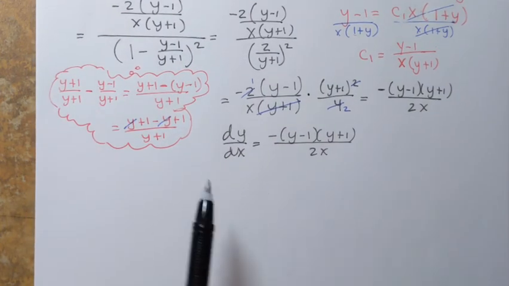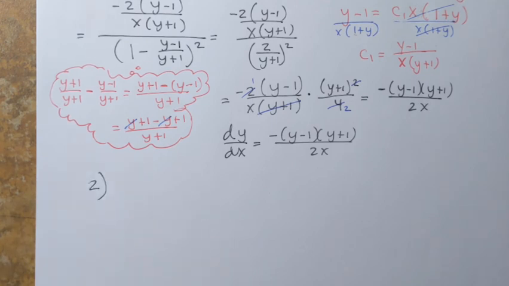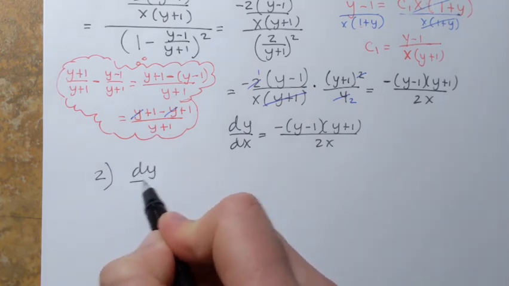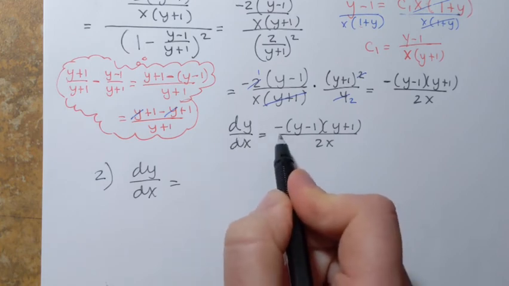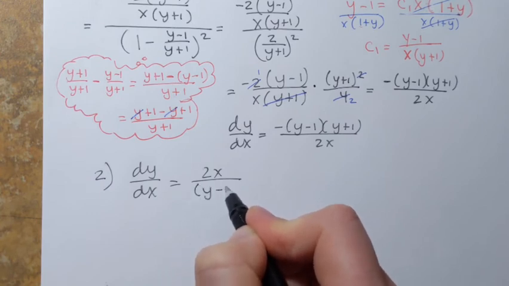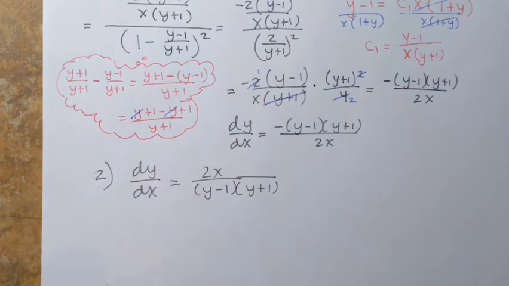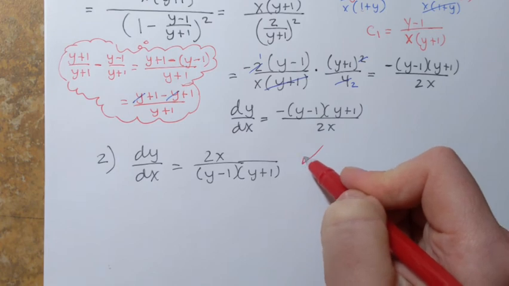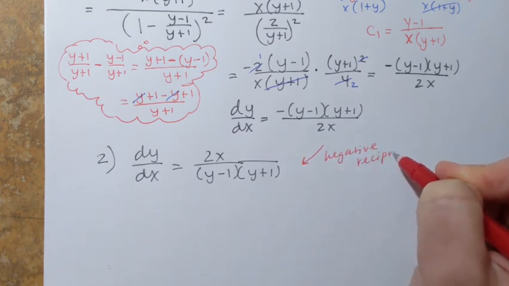To obtain that one, we'll use the idea of the negative reciprocal. So that differential equation will be the reciprocal, so I'll flip that and change the sign, so the negative sign goes away: 2x over (y minus 1)(y plus 1), like that. So these are the negative reciprocals.